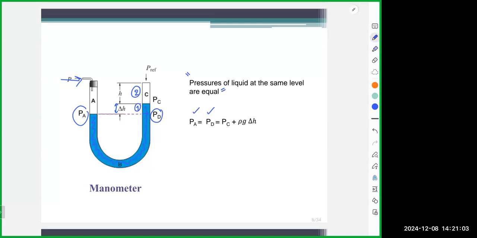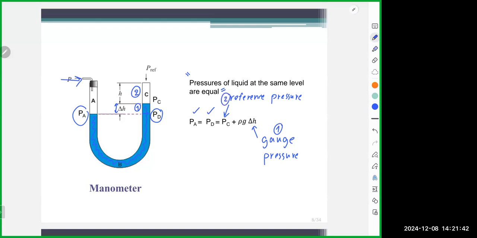So P at the surface is plus the reference pressure, and the gauge pressure is here. That would be 1 and 2.